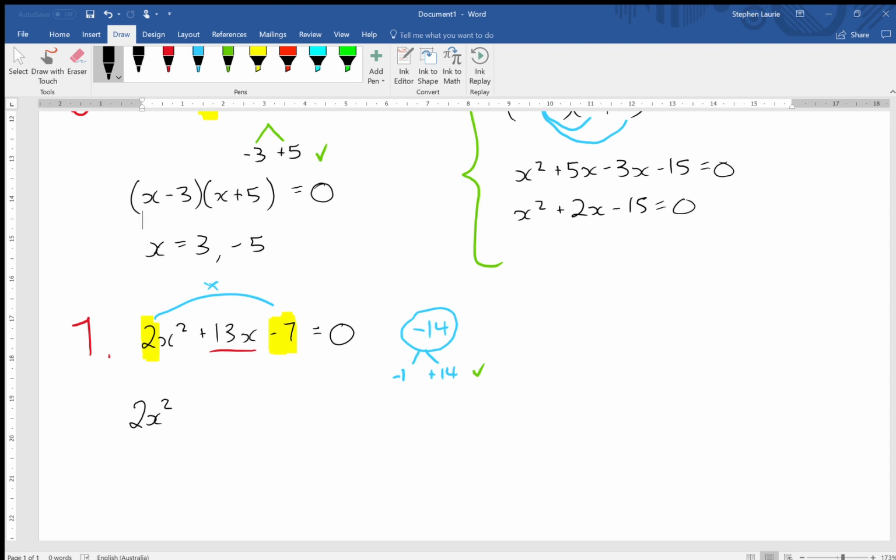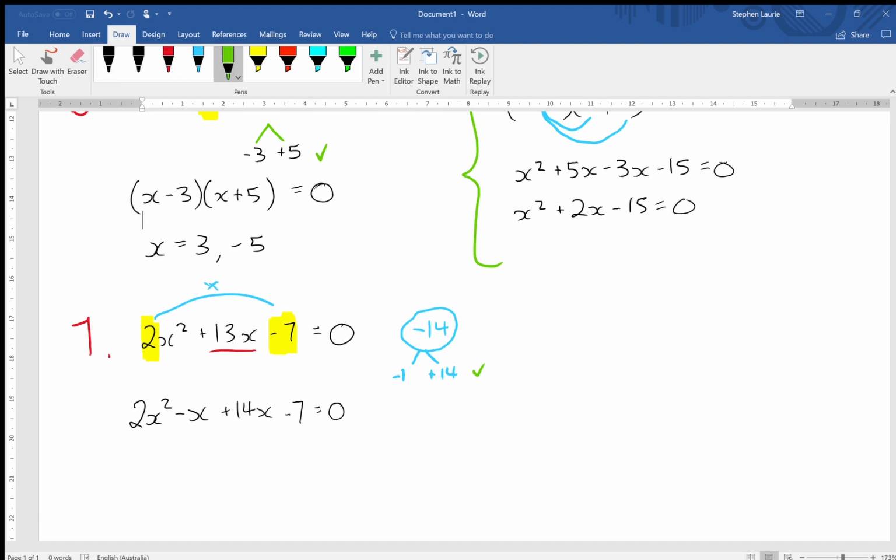So we still have 2x squared, and we still have negative 7, but we're going to rewrite the 13x in terms of a negative 1x and a plus 14x. So it's still the same question, but we've now got 4 terms. And now that we have 4 terms, we can factorise in pairs.